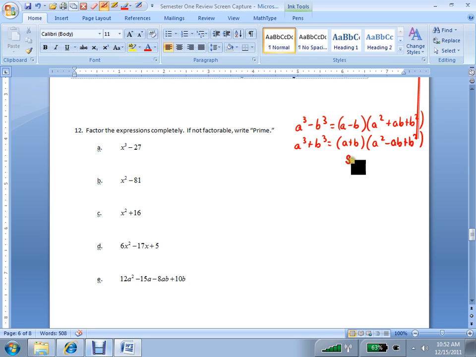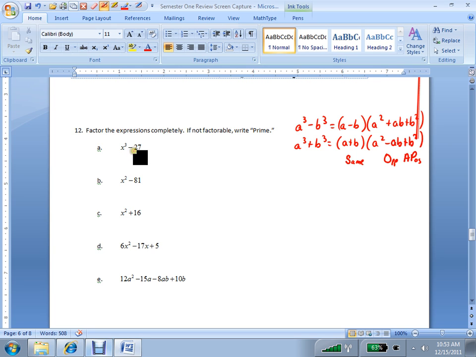S, the same sign, O, the opposite sign, and this sign is always positive. That spells out SOAP. Same sign, positive and positive are the same. Positive and negative are opposites, and always positive.